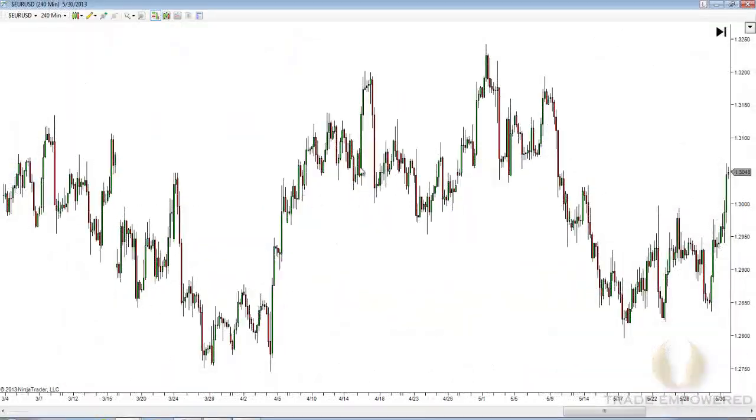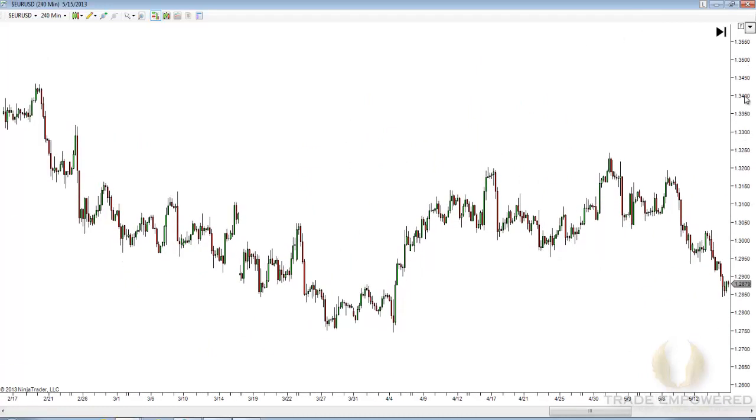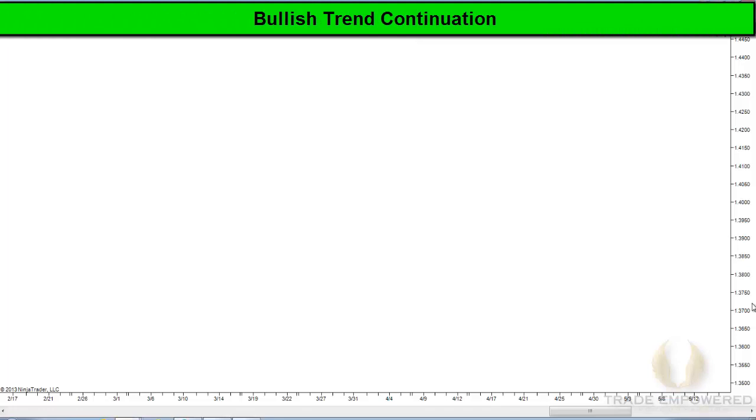Now, if we go over here and take a look at a price chart, let me give you guys an example of how we like to identify a trending market. We'll start with a bullish trend. When the market is trending bullish, it repeats a particular series of events, and it's new structure highs followed by outside returns or retracements. You'll see the market consistently do this.